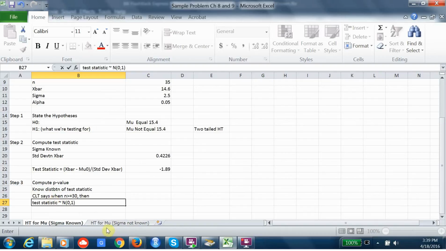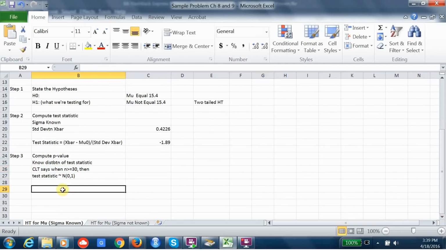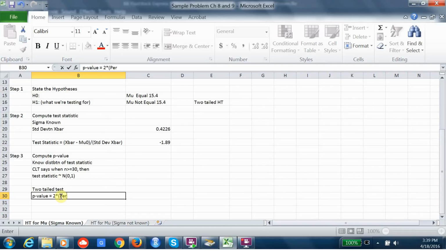Okay? So this is an important piece of information. And I'm going to use the fact that when I'm also doing a two-tailed test, the p-value is going to be equal to 2 times the percentile from my data value. I'm sorry, percentile from my test statistic.